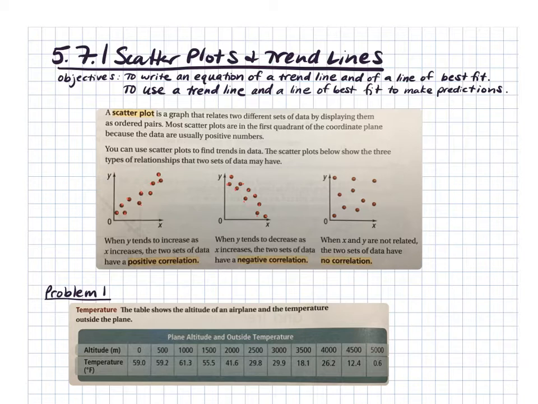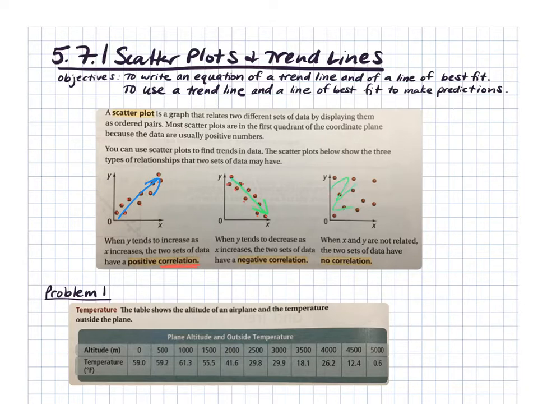If the data looks like it has a trend, or correlation is the word here, and from left to right it is going up, it is called a positive correlation. If from left to right it's going down, that's called negative correlation.